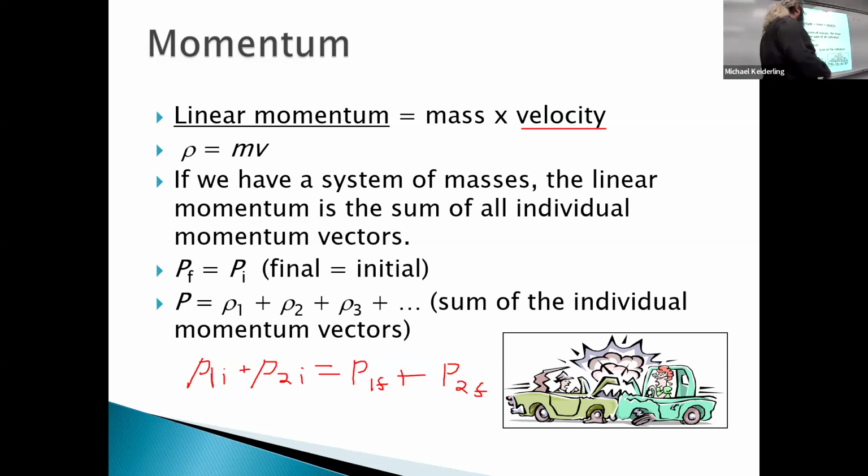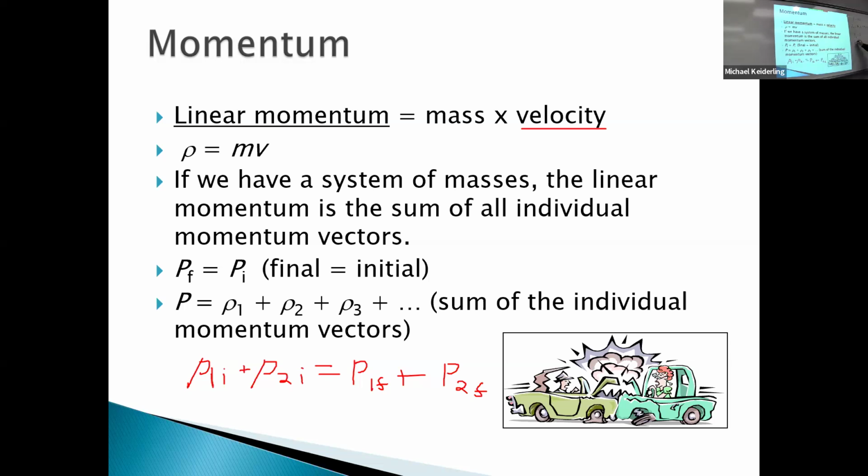And if we have a system of objects, the total momentum is just the sum of the individual momentums. So it'll be M1 V1 plus M2 V2 plus dot, dot, dot. Now, the important thing here is that the one property that momentum has that's very useful is that the total final momentum equals the initial momentum.